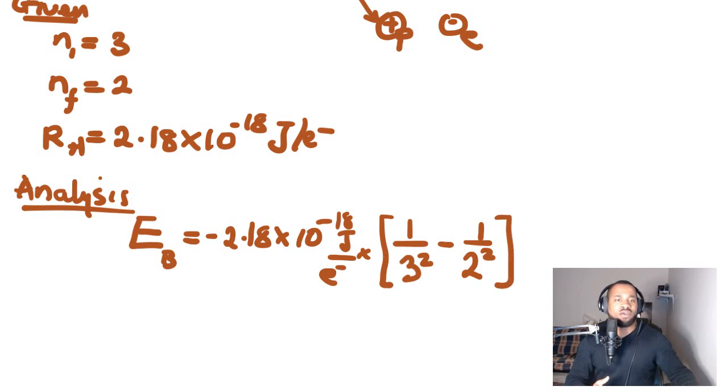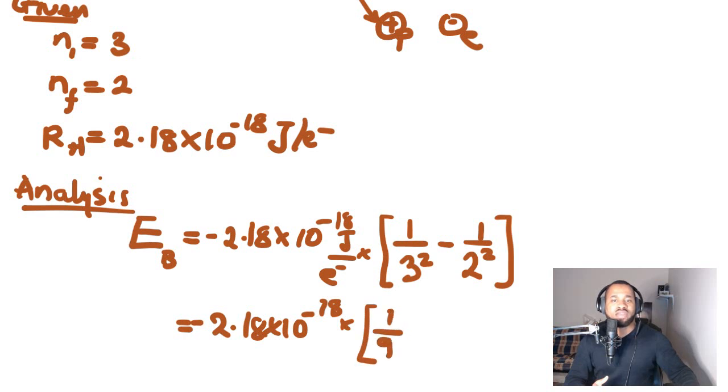And this here will be solving the bracket, negative 2.18 times 10 to the negative 18 is going to be multiplied by, in this case, 1 over 9 minus 1 over 4.